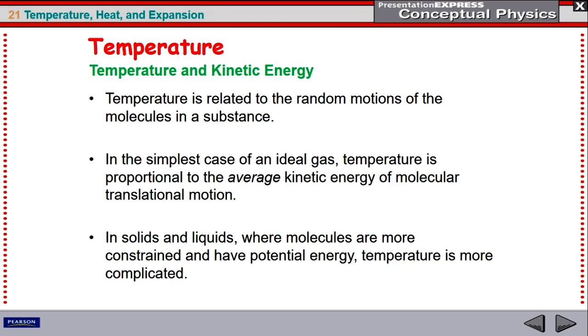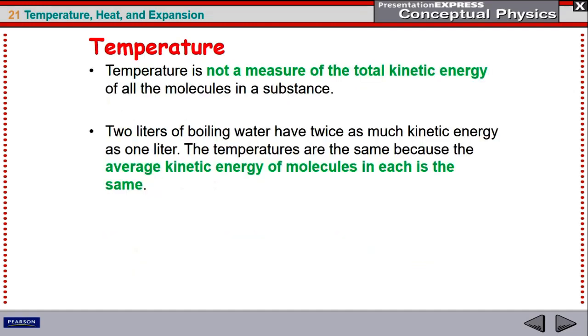In solids and liquids, it's a little bit more complicated because there are more constraints on the motion of molecules. But that's the same idea. So temperature is not the total kinetic energy of a substance. It's not the total kinetic energy of all molecules in a substance. What it is related to is the average kinetic energy in the substance.